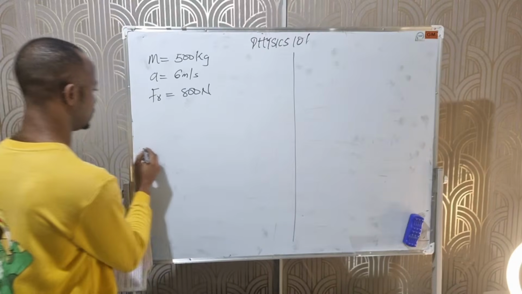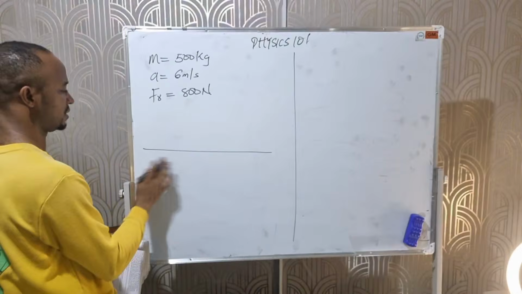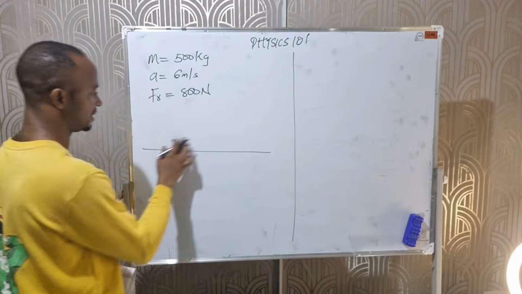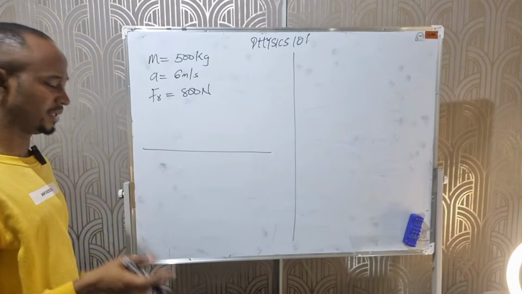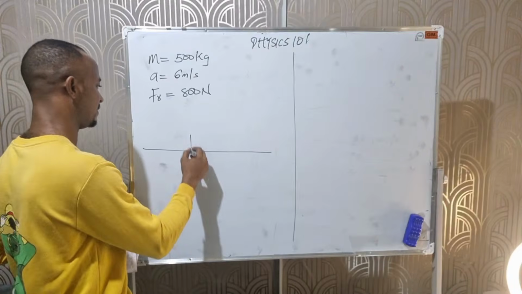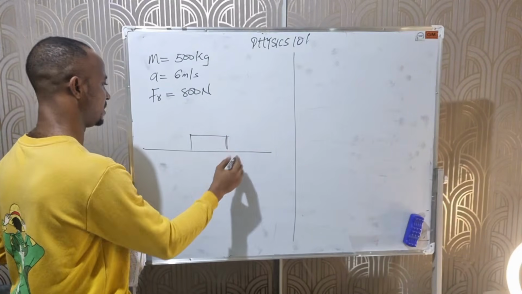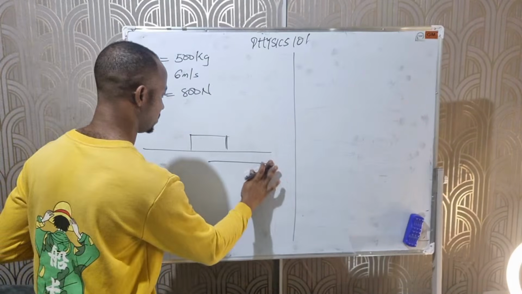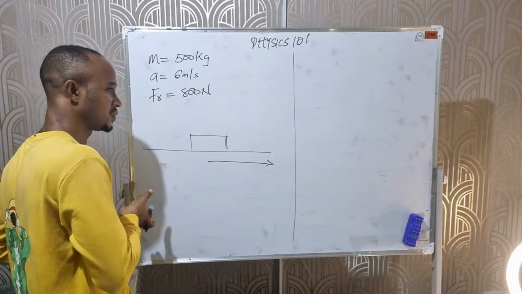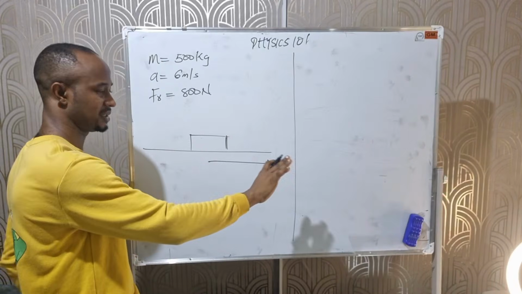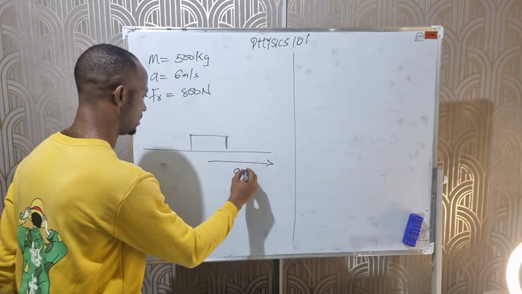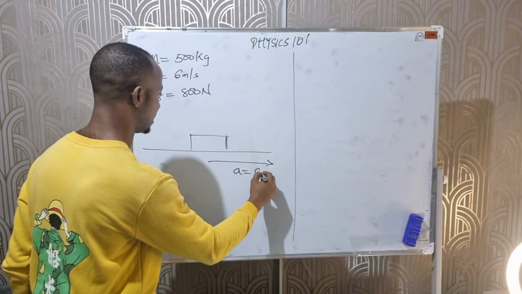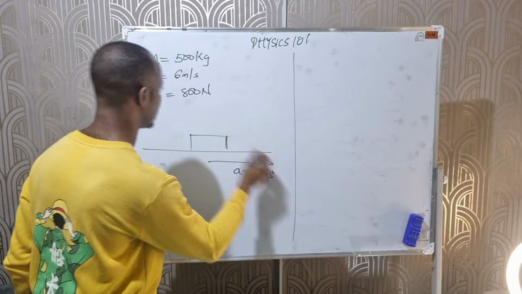Now, let me assume that we have a body on the horizontal axis. Definitely, this should be horizontal because we are dealing with a car, right? So we have a car here, accelerating with this forward acceleration. Forward means it's going towards this direction, positive. So we have the value given as 6 meters per second squared.